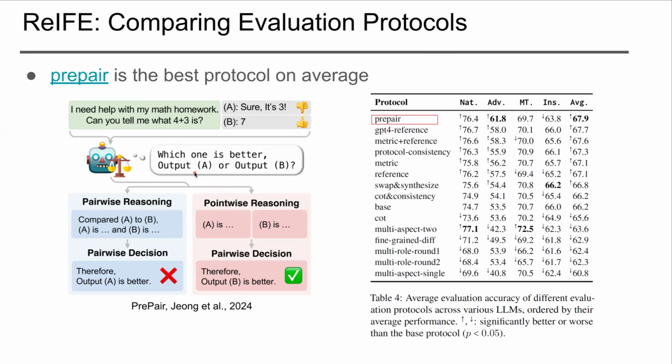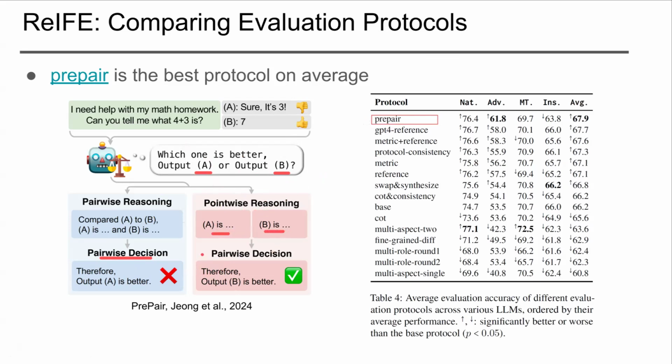You are comparing two outputs, A and B, and instead of asking the model to just do a pairwise decision, you ask it to first argue about them individually. For example, here it says A is good because of this, and B is bad because of this.